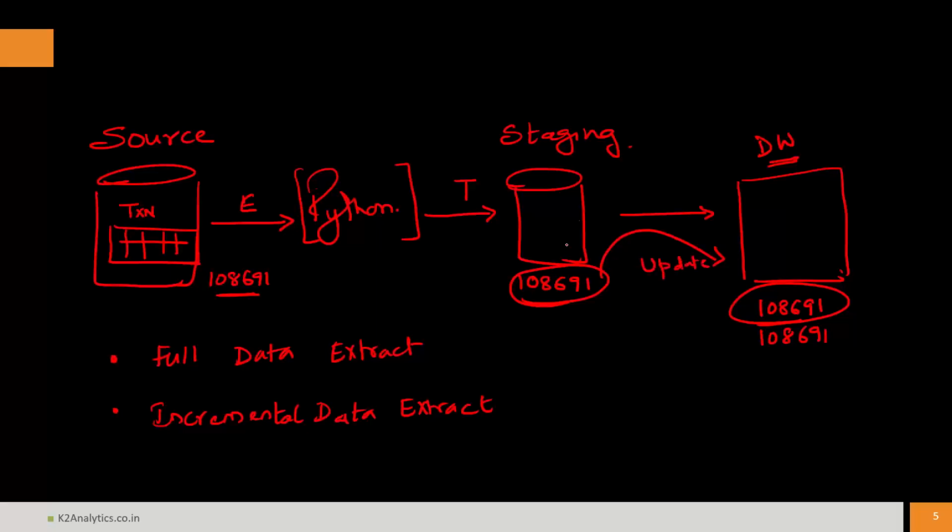For the identifiers which are matching between the staging and the corresponding warehouse table, you will do update. And for all other data points which are in the staging but not already extracted and pushed in the warehouse, you will do insert.